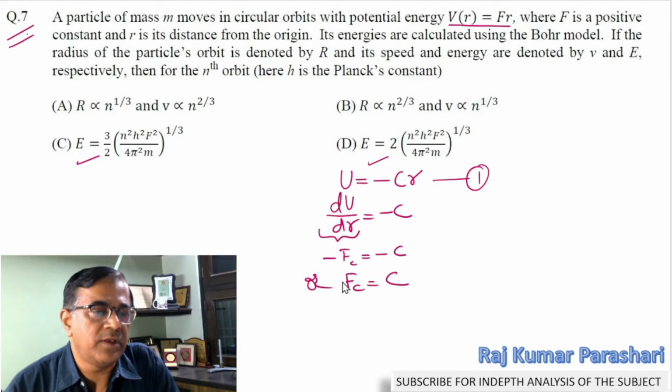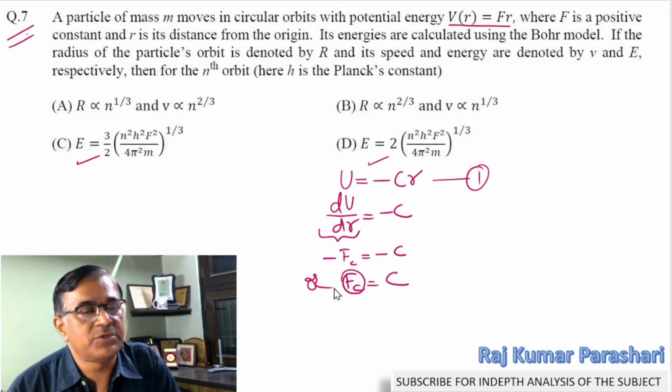Further, the conservative force needs to provide the centripetal force for the circular motion, so let's write mv square by capital R equals c.